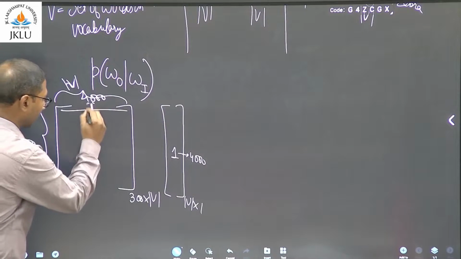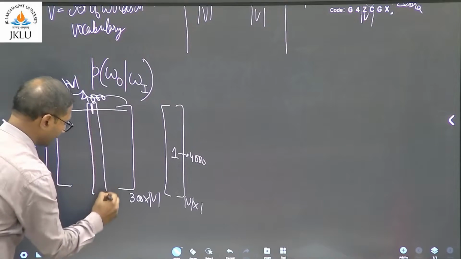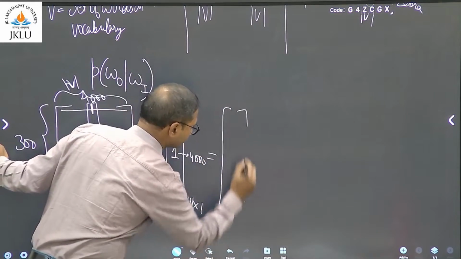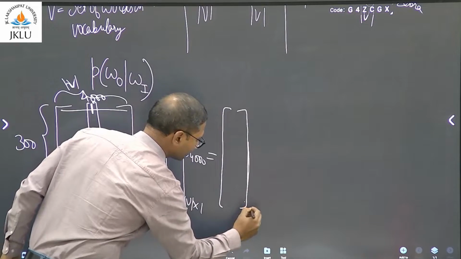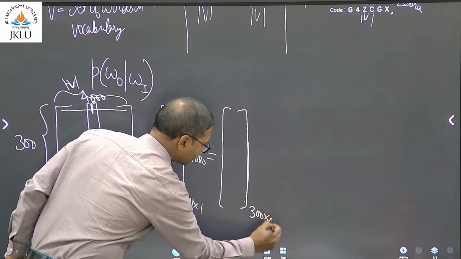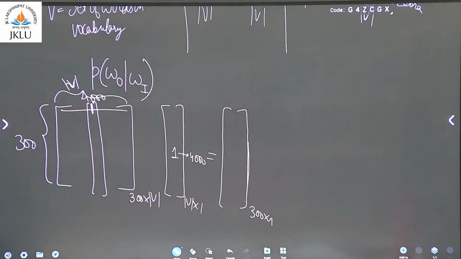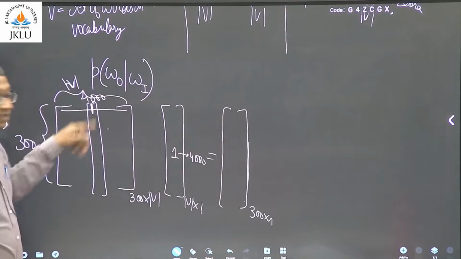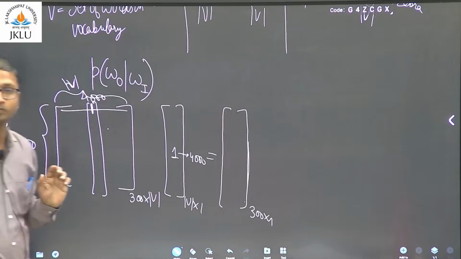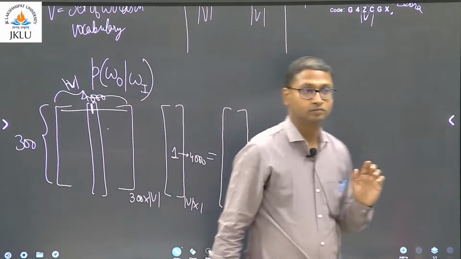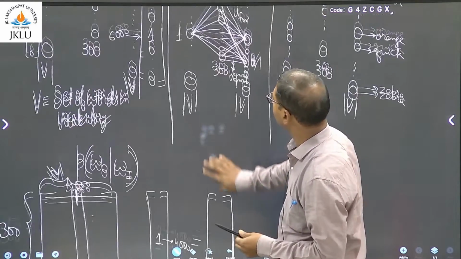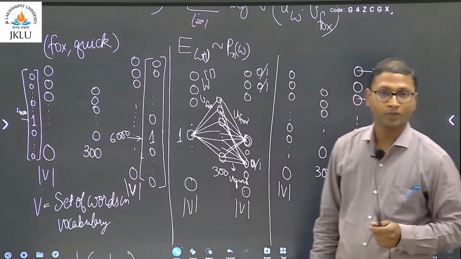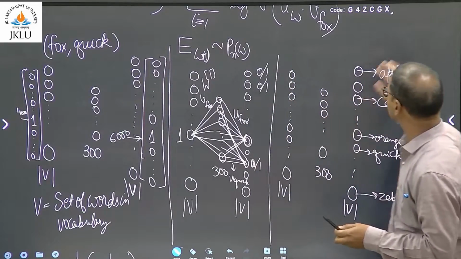This particular column will come as it is here. This is non-zero, so this thing is non-zero. Every other vector here is 0.